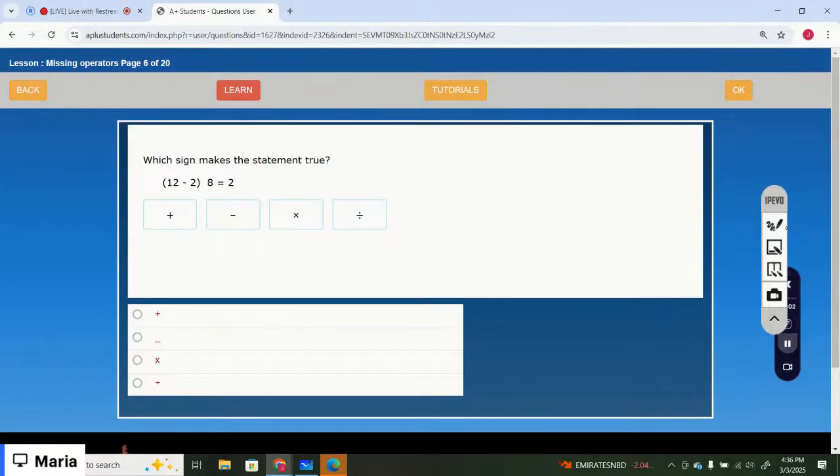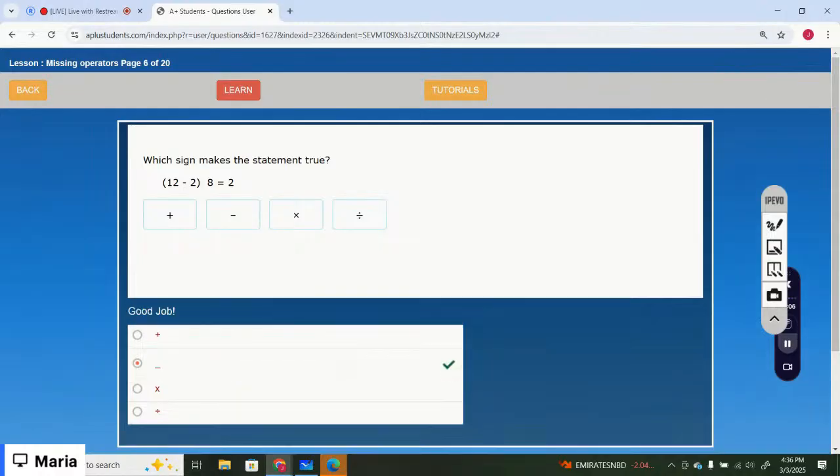And 10 take away 8 is 2. The correct option is subtract. Option number 2 is the correct option.